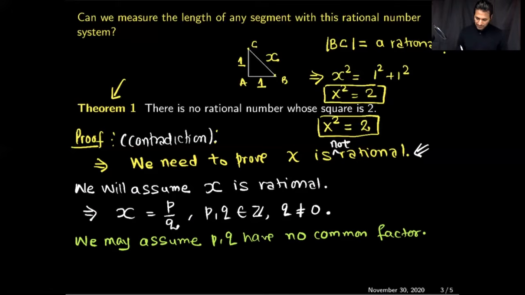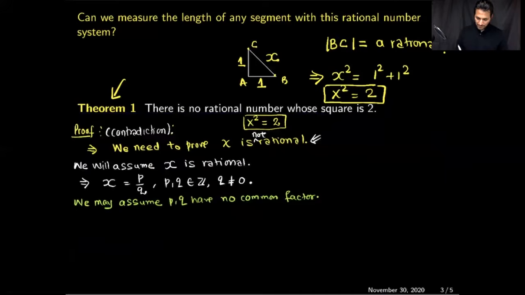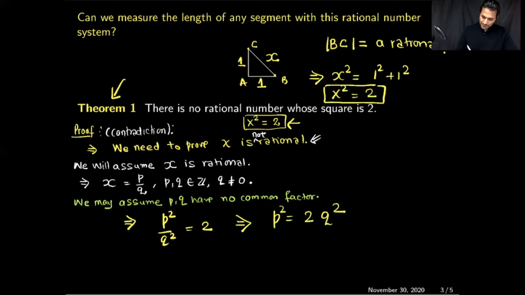Now we will begin and prove that the statement which I assumed cannot be true. In order to do that, I will take that x and plug it into this equation. This gives me p square divided by q square is equal to 2. If I multiply q square on both sides, I get p square is equal to 2 times q square.